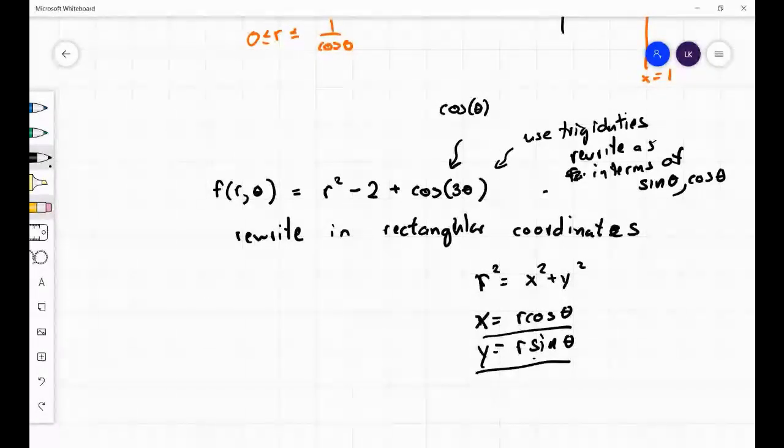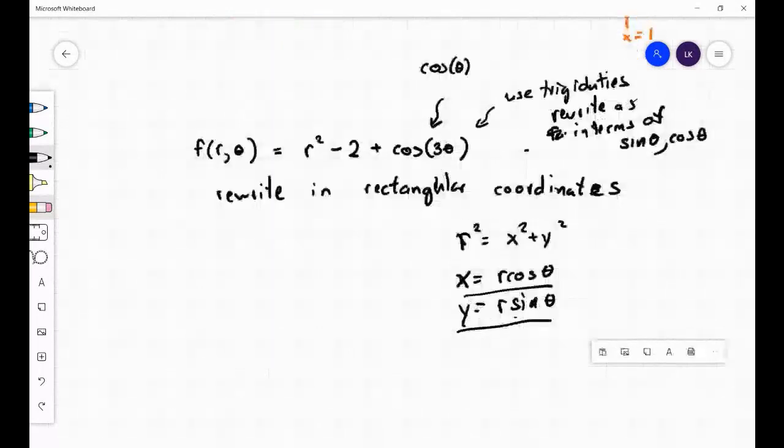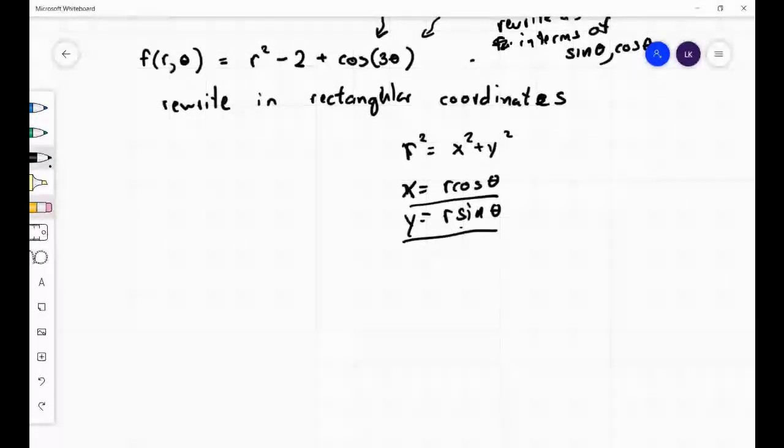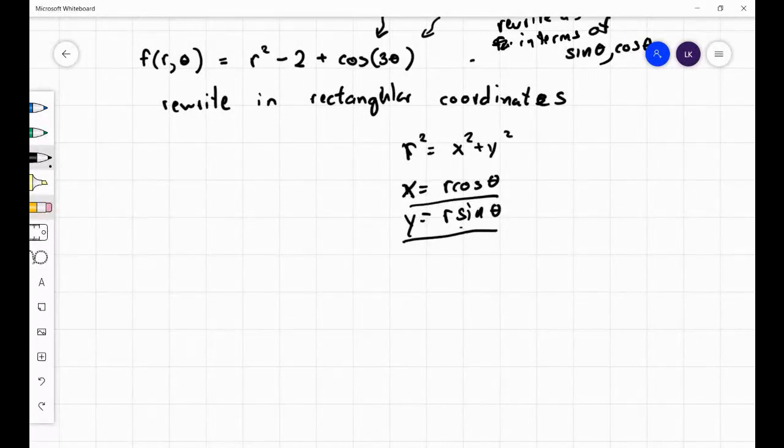Okay. So what I can suggest is to express processes like the formula for cosine of 2 theta. You can rewrite this in terms of just cosine theta and sine theta by using this identity. And similarly, you probably are familiar with the identity for sine of 2 theta.